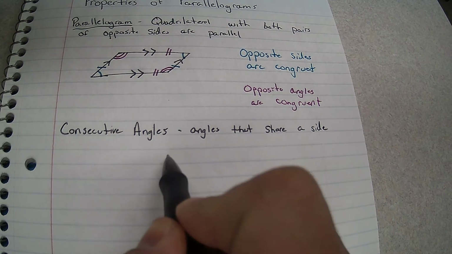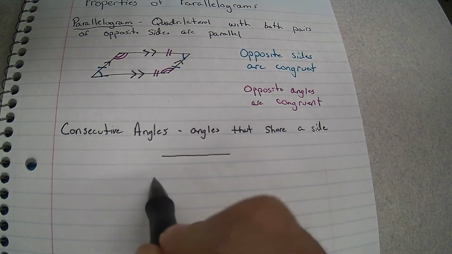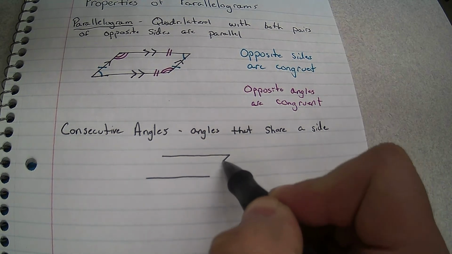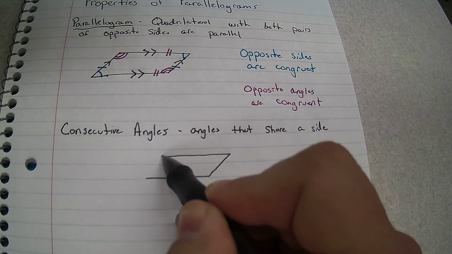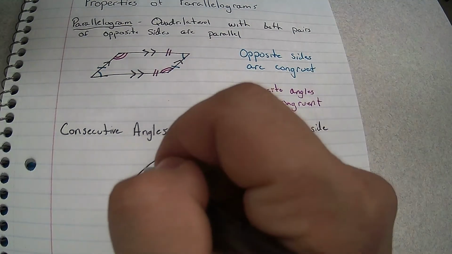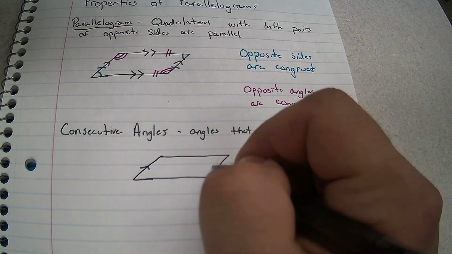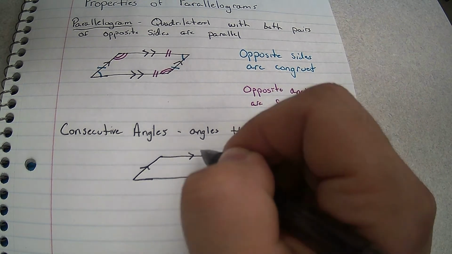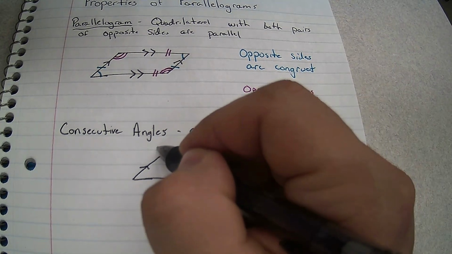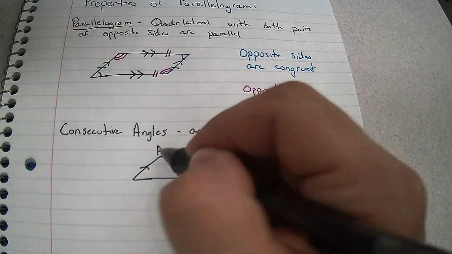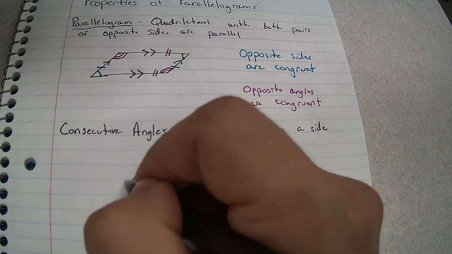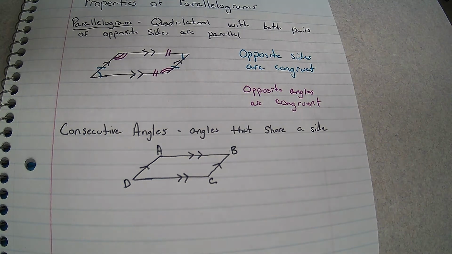I'm going to draw another parallelogram below here. I'm going to put our little symbols to tell us that it's a parallelogram. Then I'm going to label our vertexes A, B, C, and D.